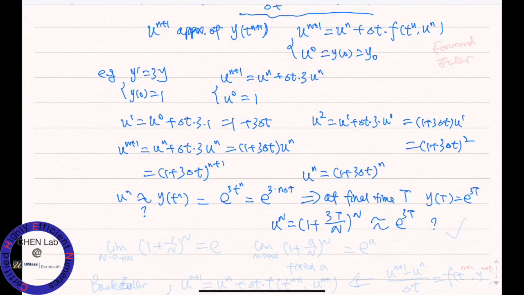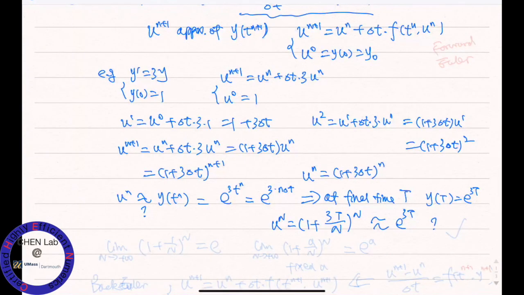E to the x is 1 plus x plus x squared over 2, and so on and so forth. That's good, but that's not exactly what we were relying on here. We have to take delta t to be tiny steps, and it's a good approximation.